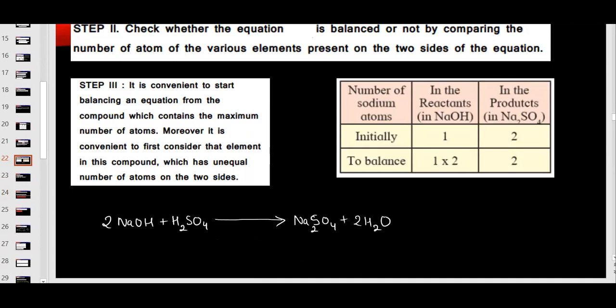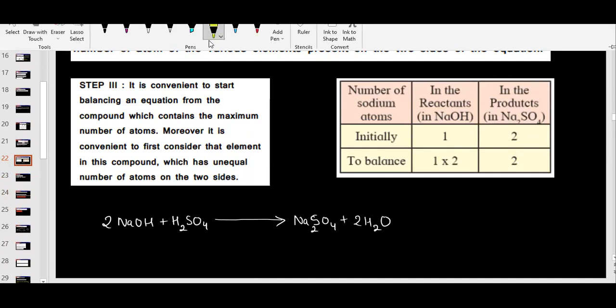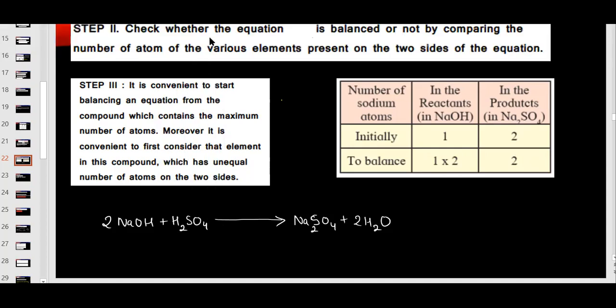Now if you do it like this, let us check our equation again to see whether all the numbers of atoms are the same. Let's check sodium on the left and on the right. Sodium is 2 now on the left, and on the right sodium is 2. What about oxygen? On both sides, I told you this 2 will go for this also, and this oxygen is 4 here.